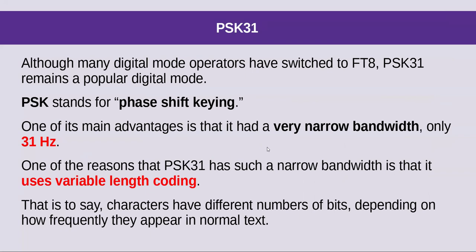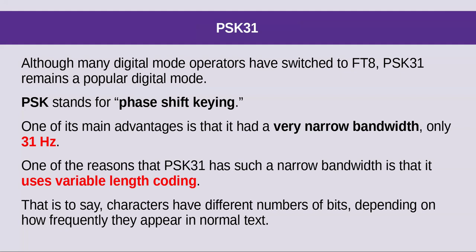Oh, phase shift keying. Its one advantage is it can have very narrow bandwidth, which is why it's called PSK31, because it's phase shift keying and it's 31 hertz bandwidth. One of the ways they do that is they use variable length coding.